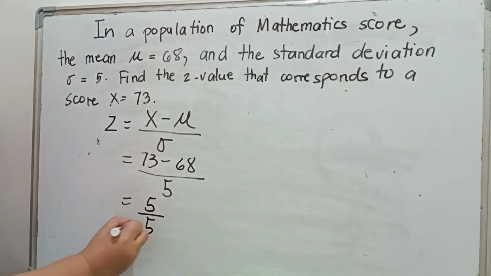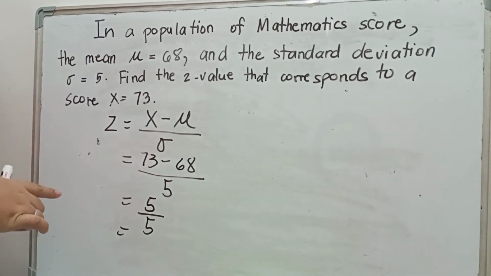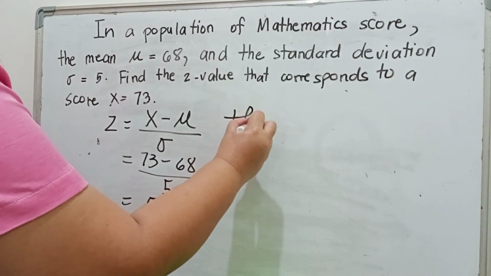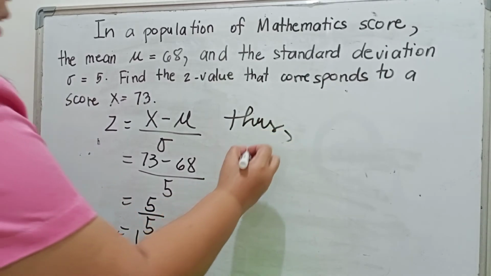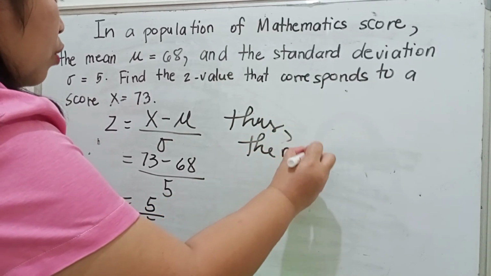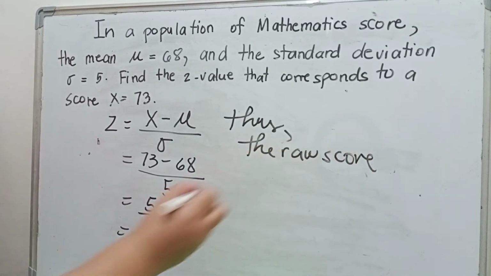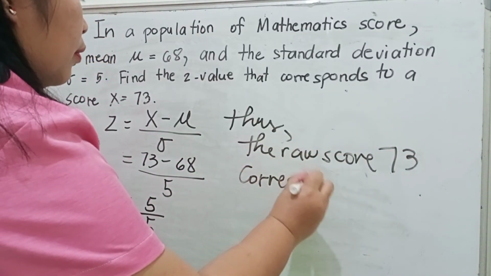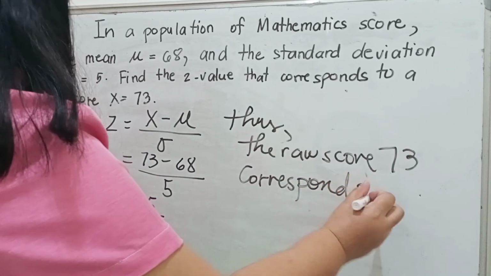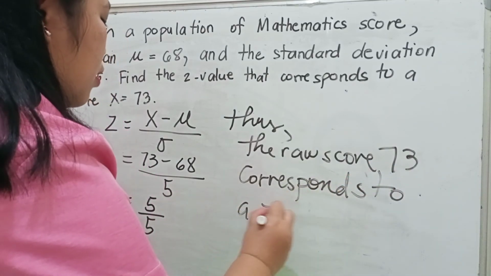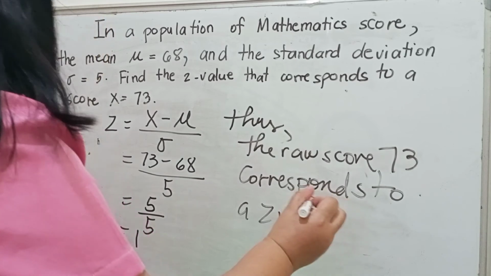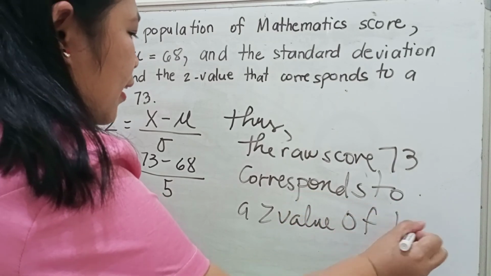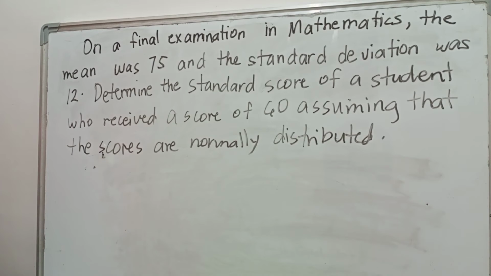Divide this by 5, and 5 divided by 5 is equal to 1. Thus, the raw score 73 corresponds to a Z value of 1.